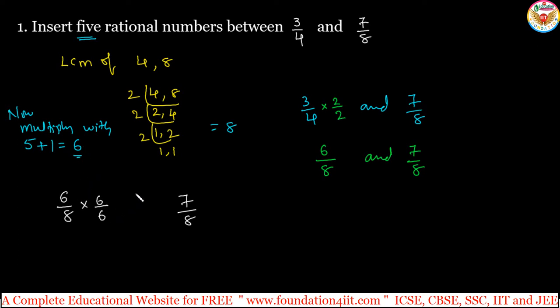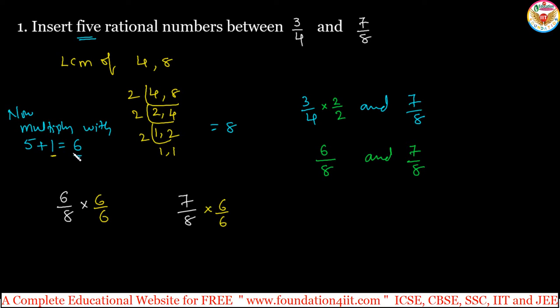We multiply by 6 by 6. Why only 6? Because we need to insert 5 rational numbers, so we take an extra 1: 5 plus 1 is 6.